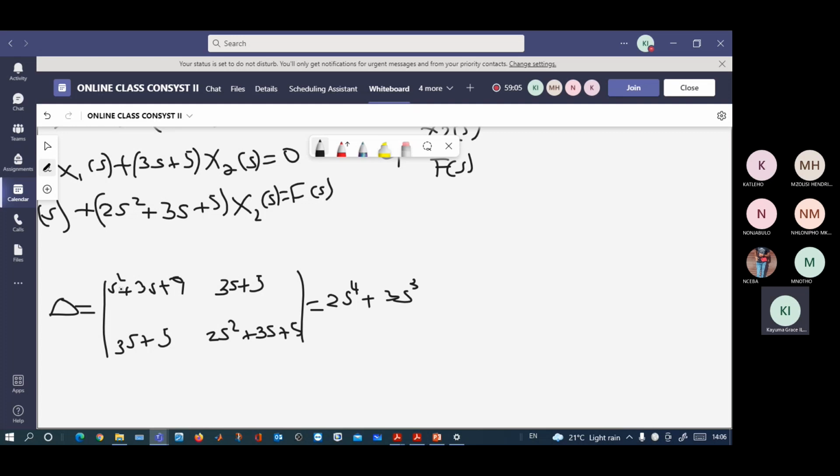Then s squared times 5 gives us plus 5s squared. Then 3s times 2s squared gives us plus 6s cube.